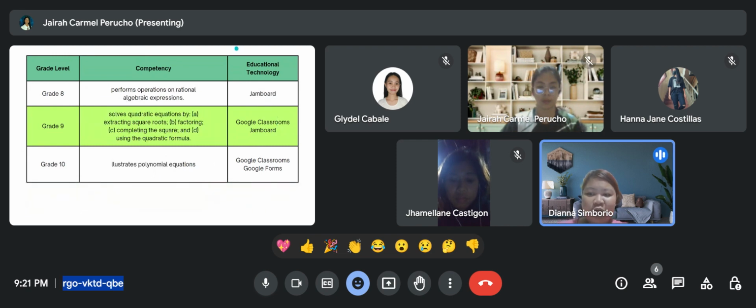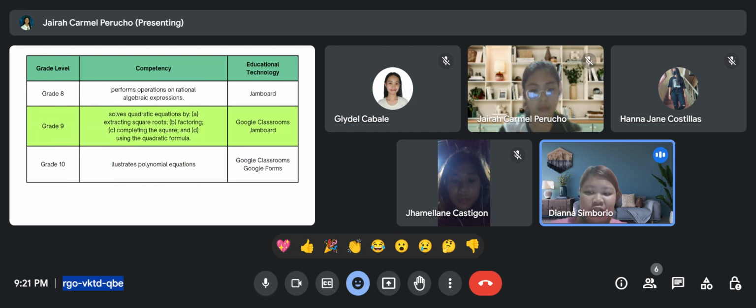So for the grade 8 level, we have the Jamboard. Our competency in the grade 8 level is to perform operations on rational algebraic expressions. The teacher can use Jamboard.